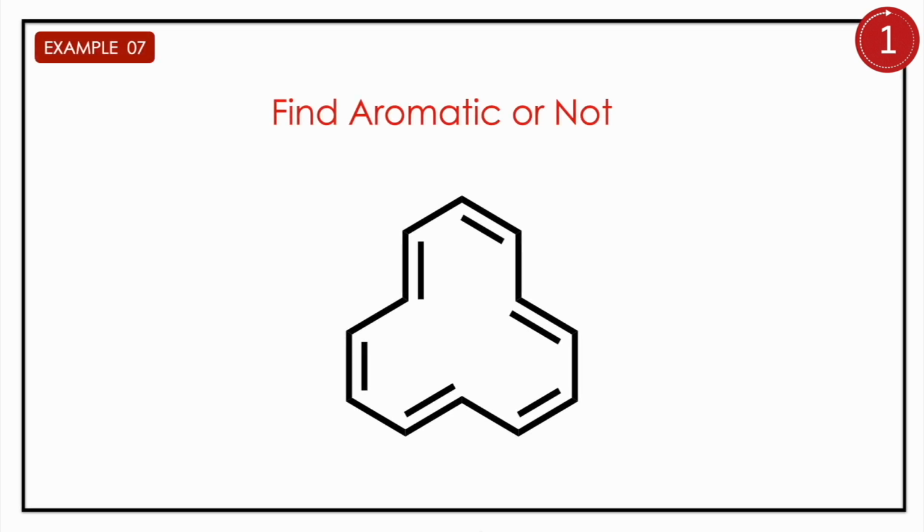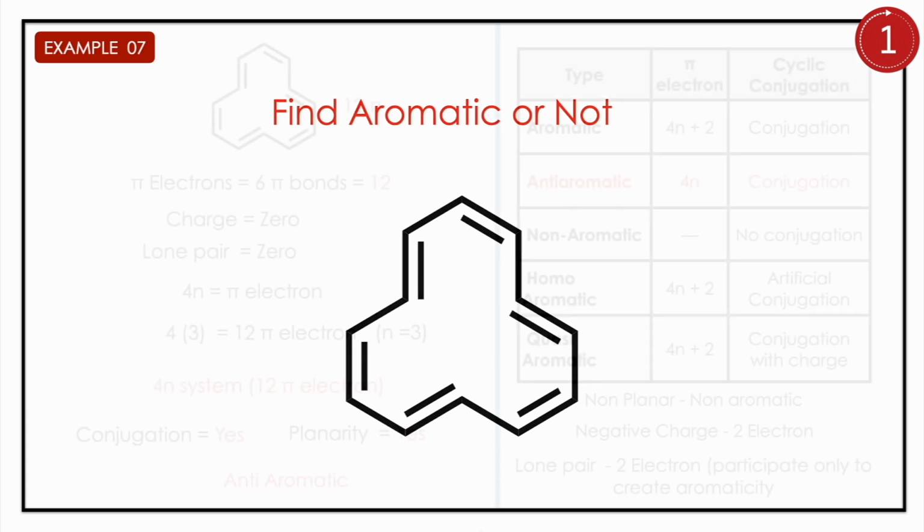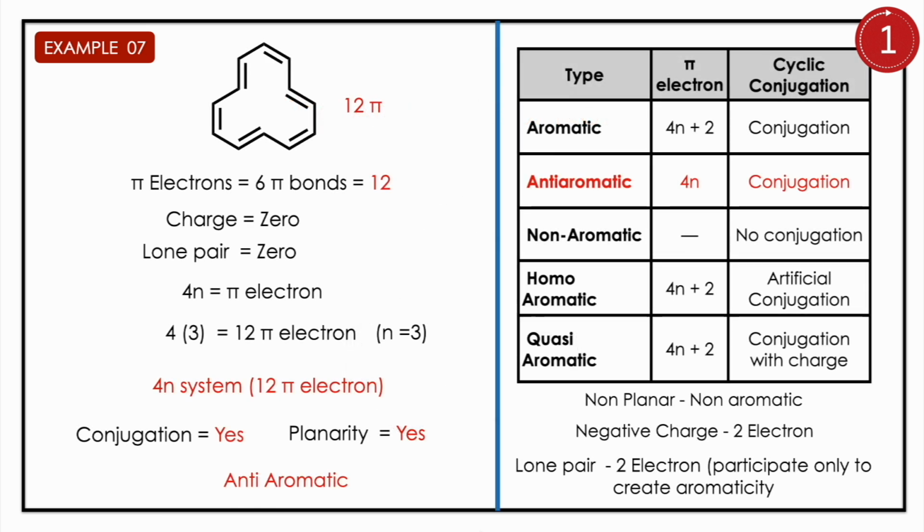Then the next example. Here you have a cyclic system with 6 pi bonds. You should find whether the given compound is aromatic or not. Here we start from counting the pi electrons, totally 6 pi bonds, so 12 pi electrons, charge is not there, lone pair also not there, so totally 12 pi electrons mean it is the 4n system where n equals 3, 4 multiplied by 3 gives 12 pi electrons.